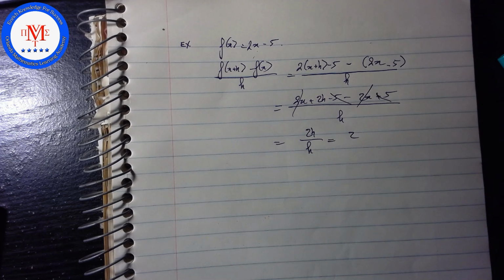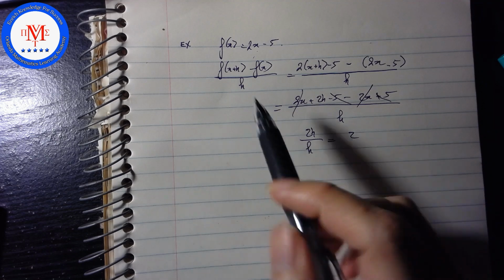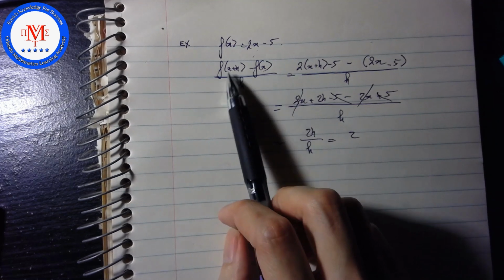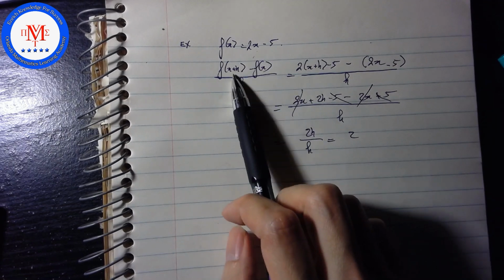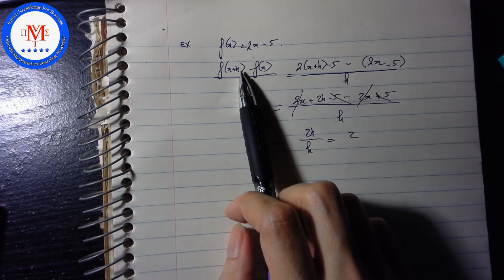So when you replace the x with x plus h here, it is kind of the same as when we evaluate the function at a certain point. Remember when we evaluate a function, for example f(x) equals x squared at 3, we replace x with 3, so it becomes 9, right?